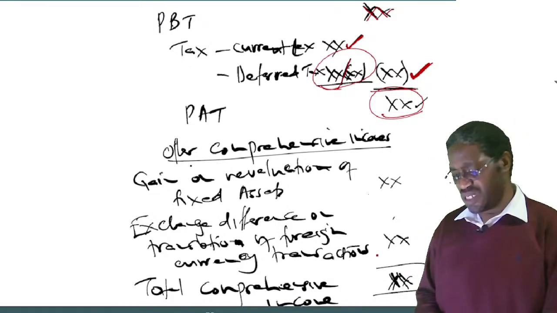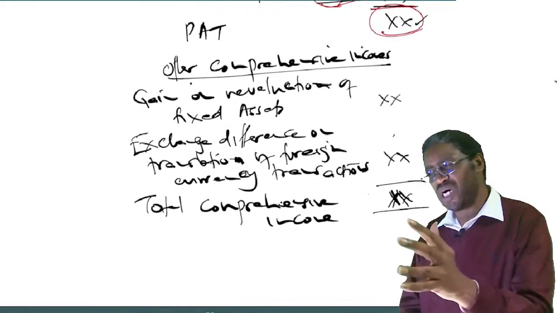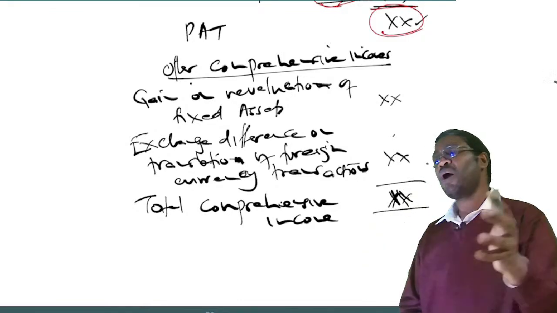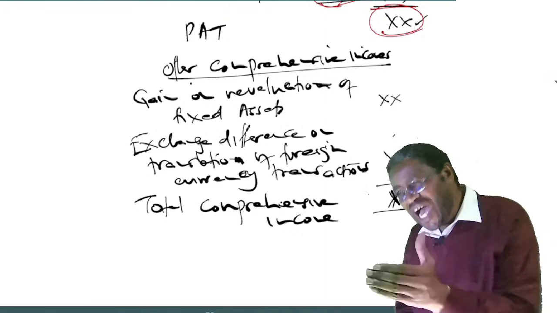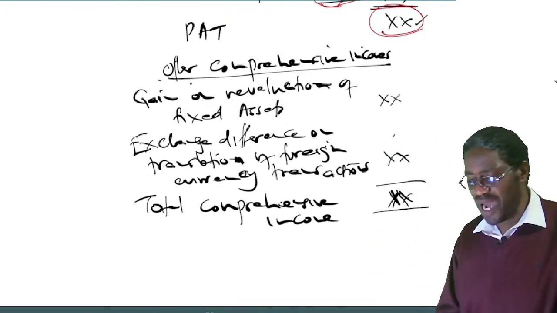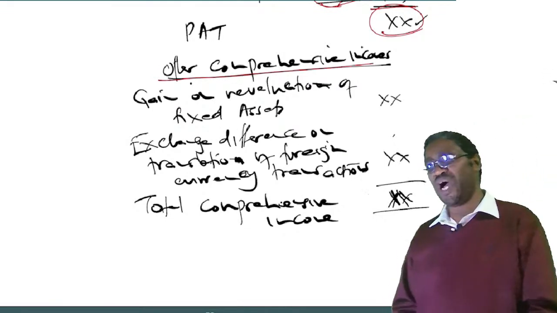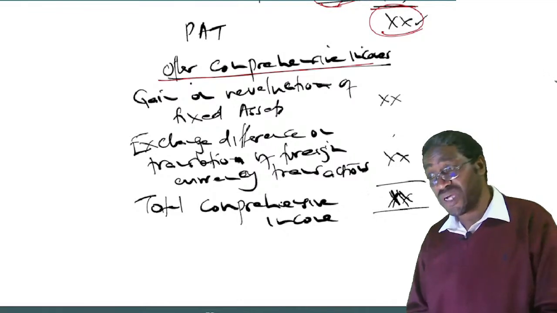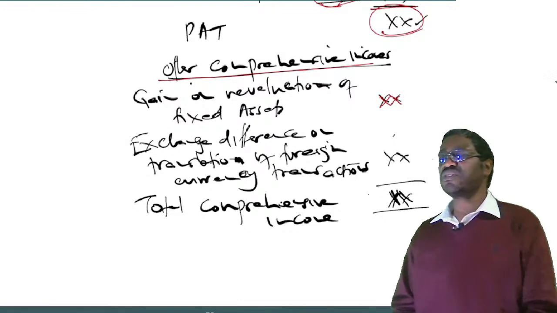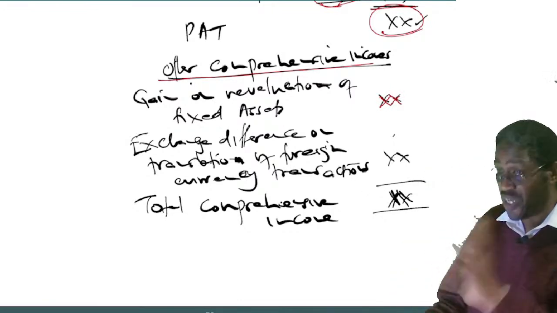Then we went further and said, if the examiner is asking you to prepare a statement of profit or loss and other comprehensive incomes, then now you come and identify other comprehensive incomes. One of them could be gain on revaluation of fixed asset.